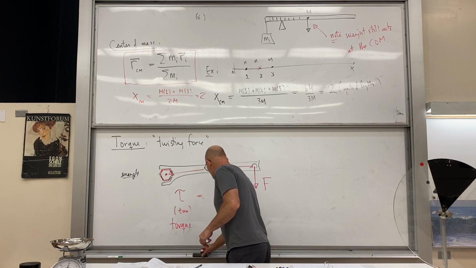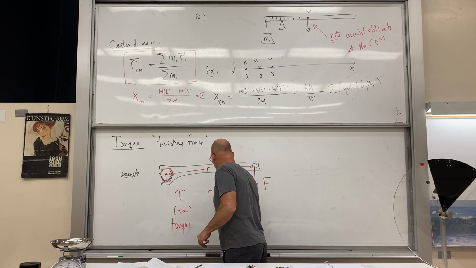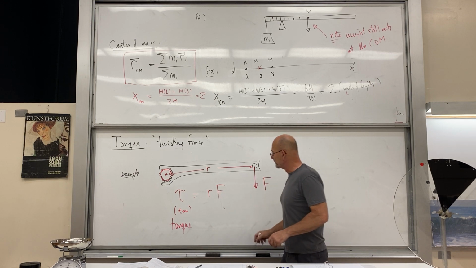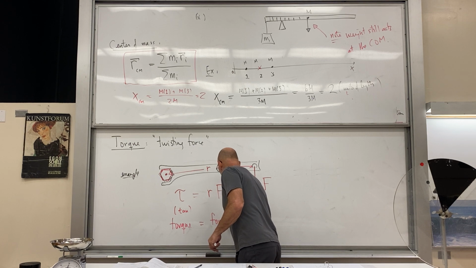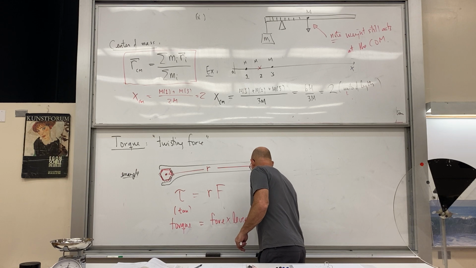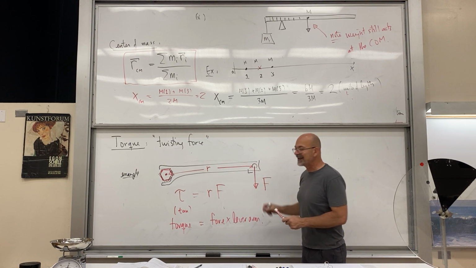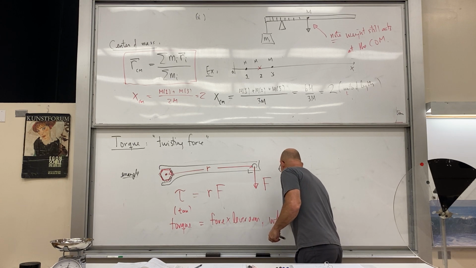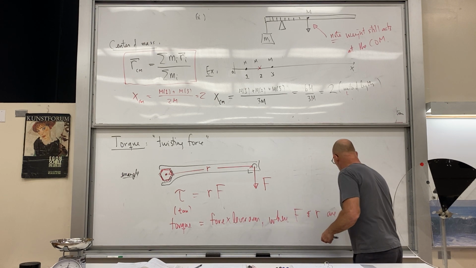So often, when we write them in order, we write the R first. But it's a force times a lever arm. And under this definition, these two have to be perpendicular, where F and R are perpendicular.